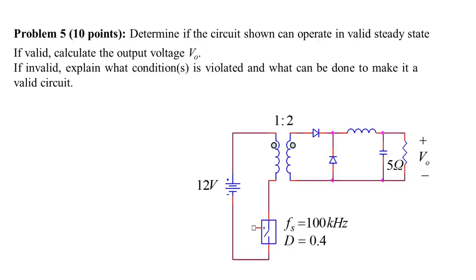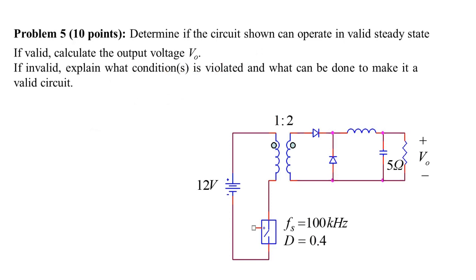Okay, then moving on to problem 5, you are given a converter and need to determine whether valid steady state operation is possible. If not possible, give reasons, and if it is possible, calculate the output voltage. So this looks like a forward converter, except that the reset winding is absent.